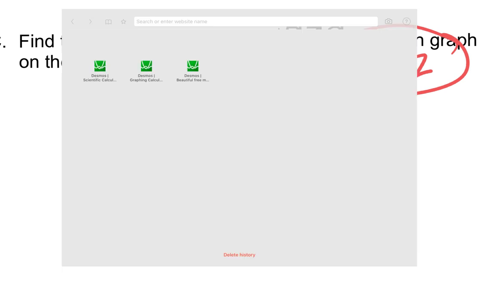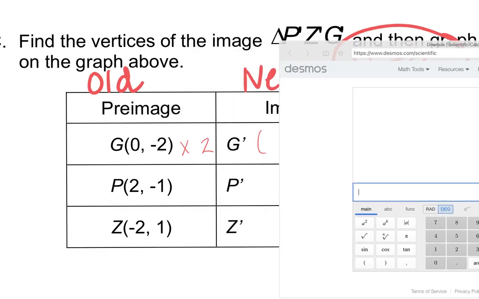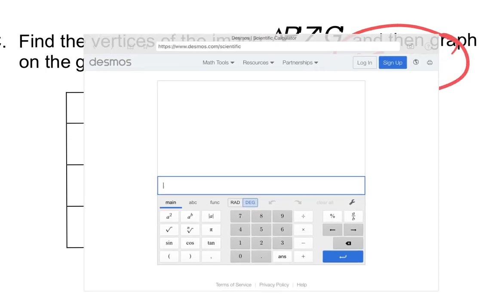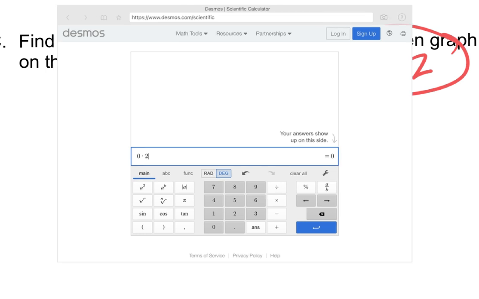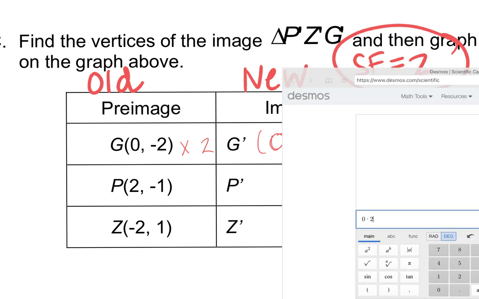Let's go to our calculator. I'll use my Desmos calculator and try to do some math here. It says 0 and negative 2 have to be multiplied by 2, and that's going to give me my new values for my point. So let's do 0 times 2 and see what I get. Okay, I get 0. So my first part is going to be 0. It says do negative 2 and multiply by 2.